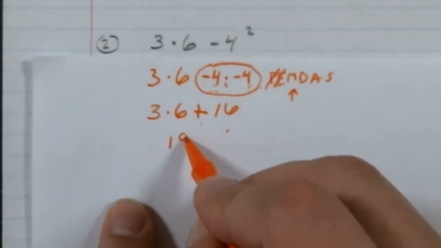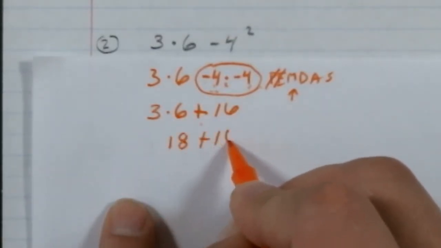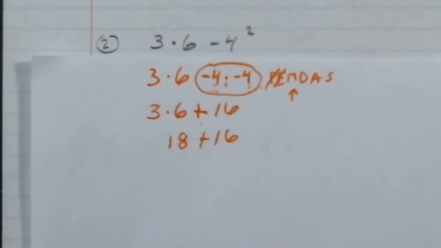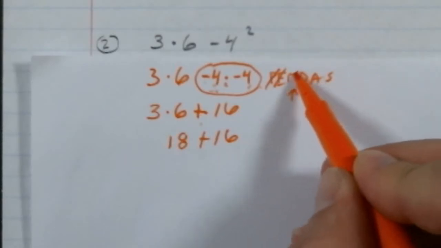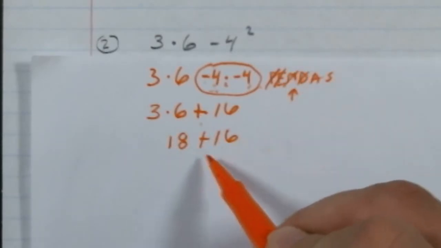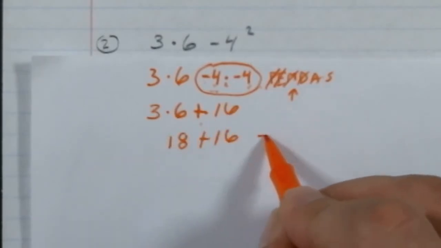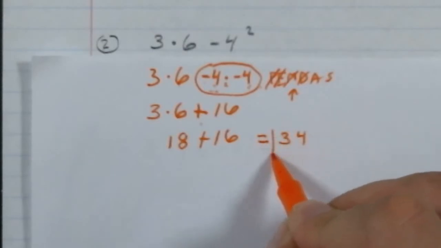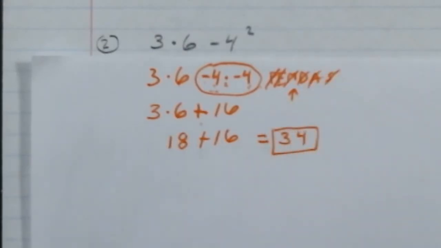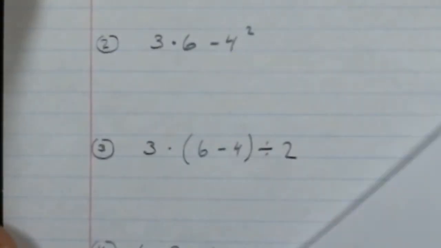So you go 18 and bring down the 16. See how I'm always bringing down what I have? If you don't, you're going to miss something. Do I have any division? No. Any addition? Yes. So 18 plus 16. I'm just making sure: 34 is your answer, and no subtraction. There is your answer. Okay, let's keep going.